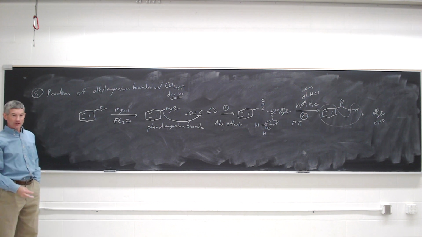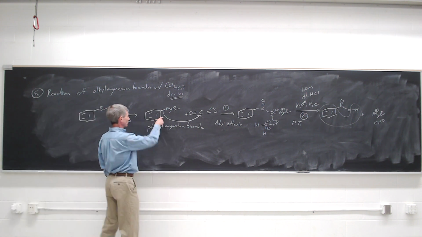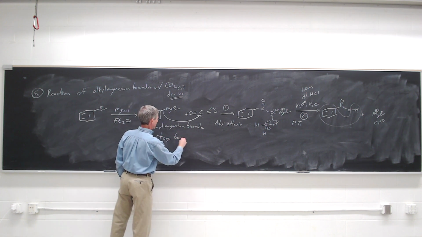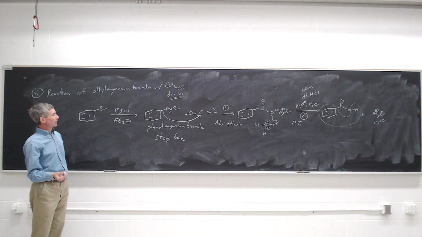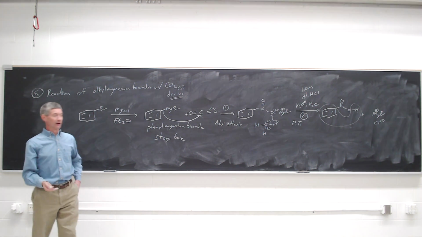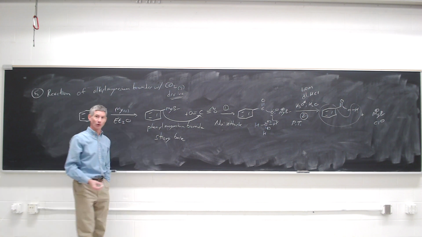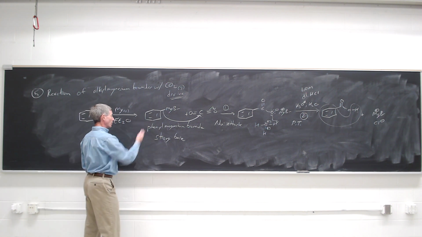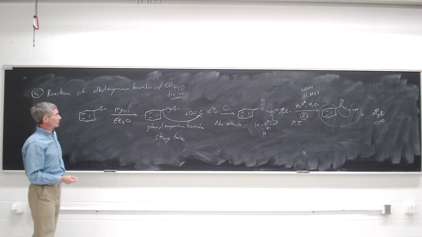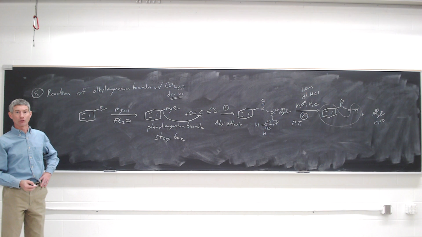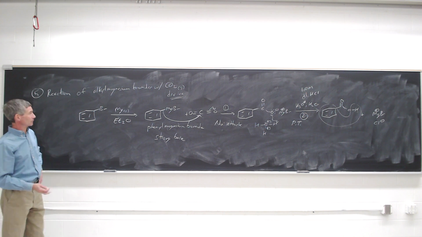The method is limited, obviously, because this is a strongly basic reagent. You can't have a carboxylic acid or an alcohol anywhere in the molecule, or you can get protonation. And since organometallic reagents react with the carbonyl group of aldehydes and ketones, you can't have an aldehyde or a ketone elsewhere in the molecule.